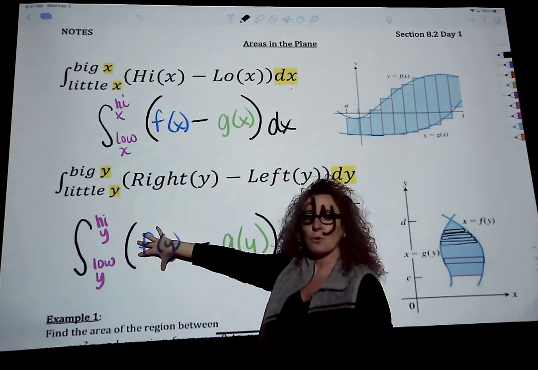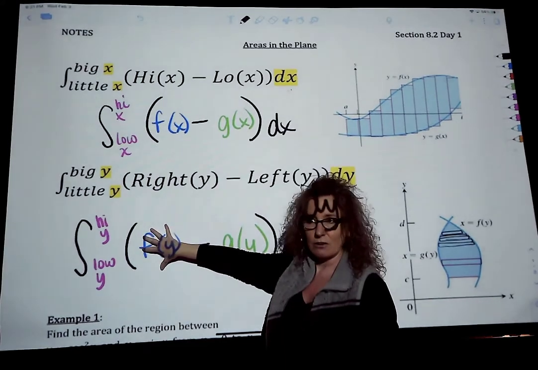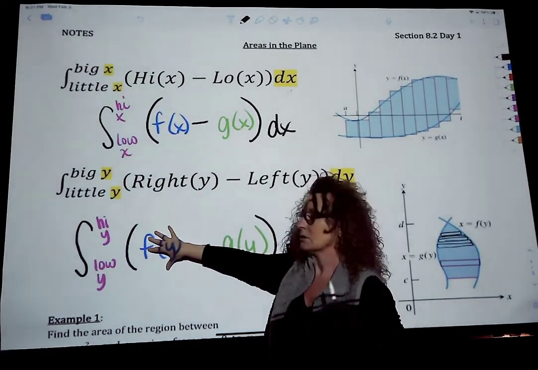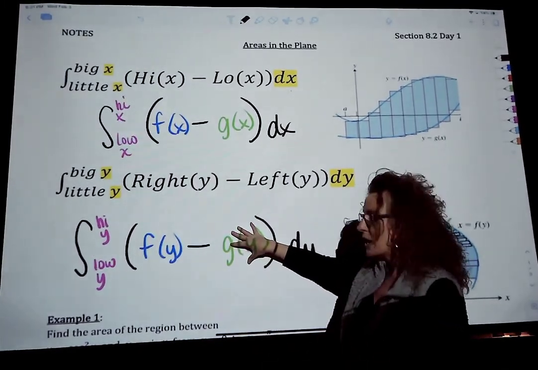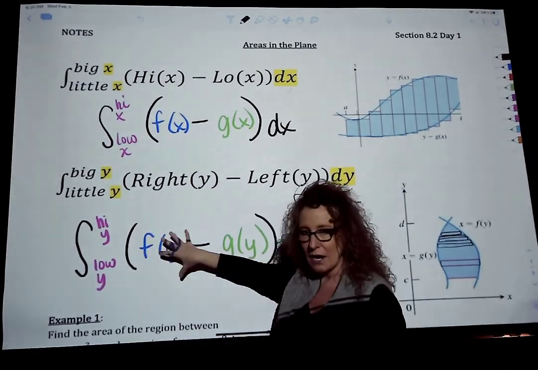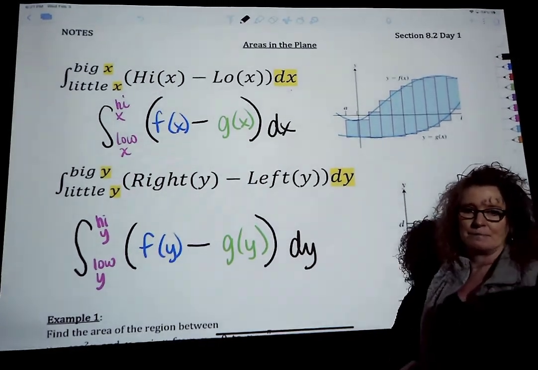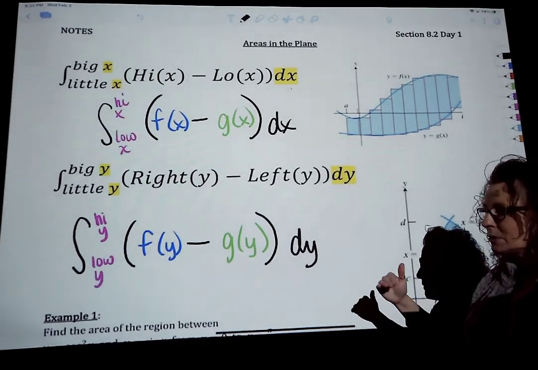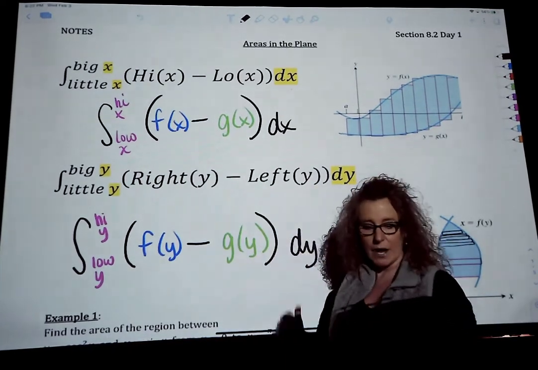Now, this is going to be right side x values represented in y terms minus left side x values represented in y terms. These are going to be y's. This is dy. So when we need to draw sideways rectangles, everything changes, and now everything is in terms of y.